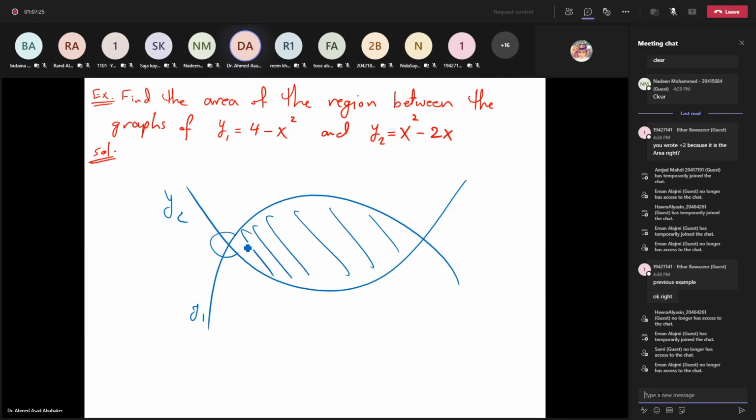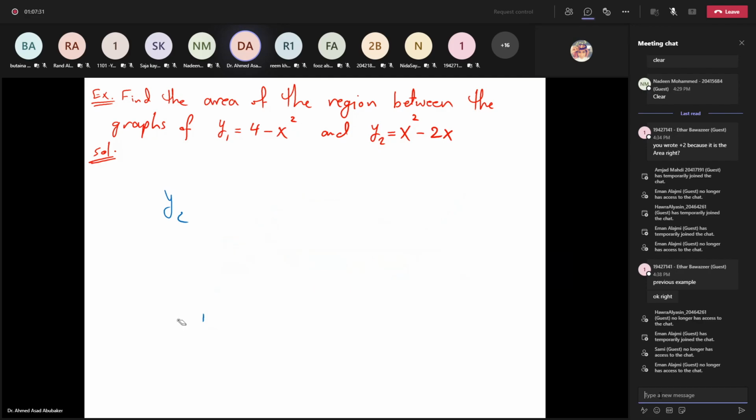So we need to find the intersection points. The intersection points between two curves: we must put y1 equal to y2 and solve this equation. y1 equals 4 minus x squared, equal to y2, x squared minus 2x.